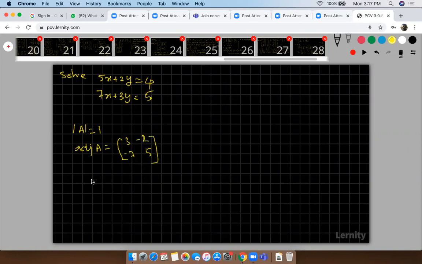Okay, and multiply that, what you are getting, your x is equal to 2, y is equal to -1, I think. X is equal to 2, y is equal to -3.